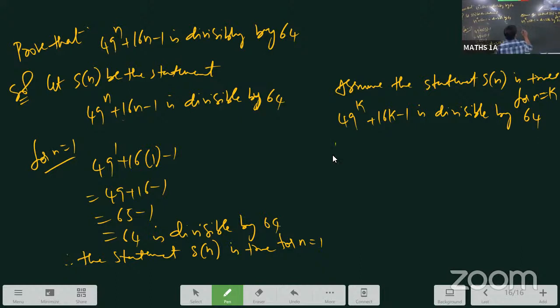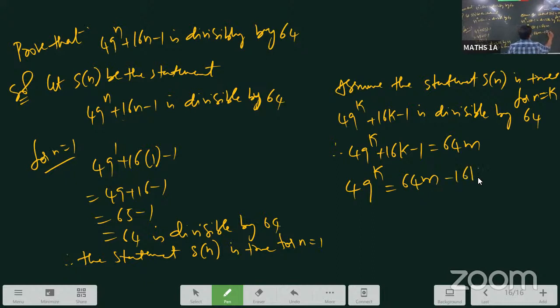I will write directly: 49 power k plus 16k minus 1 equals 64m, because it is exactly divisible. Now 49 power k should be the subject. You have to make it the subject always, right? So 49 power k equals 64m minus 16k plus 1.